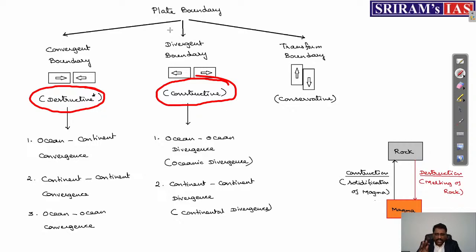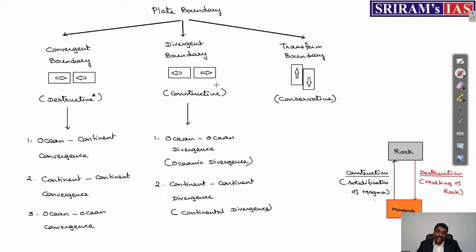Most of the time, this old crust or new crust will be oceanic crust, because what gets destructed is only oceanic crust. Only oceanic crust will go for subduction, and subduction will result in destruction. Oceanic crust may result in destruction, my friends.